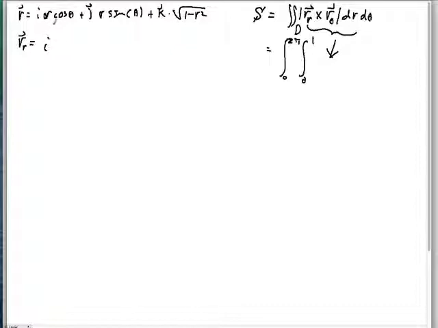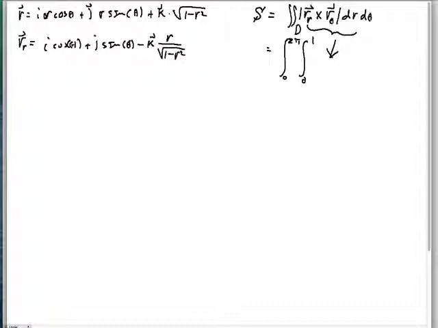That's going to be i times the derivative with respect to scalar r, which becomes just cosine theta, plus j times sine theta. Then we look at the derivative of this last term. We do a little power law and chain rule, and we get negative k times r over the square root of 1 minus r squared.